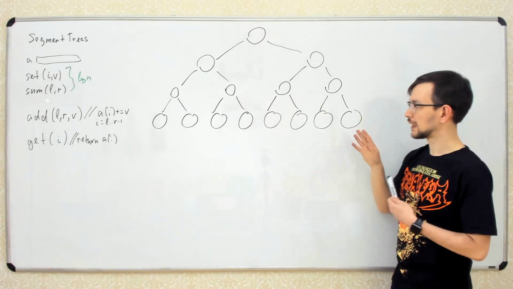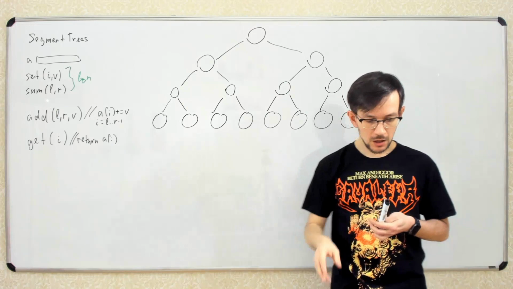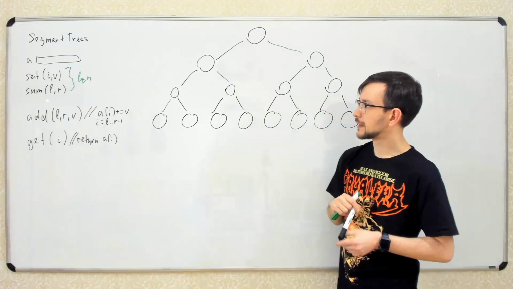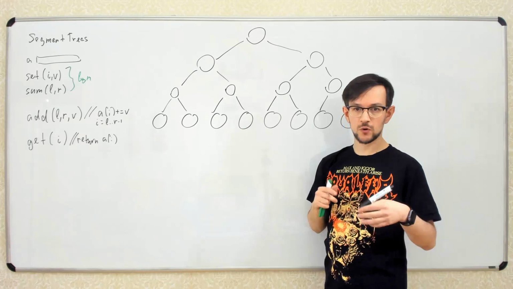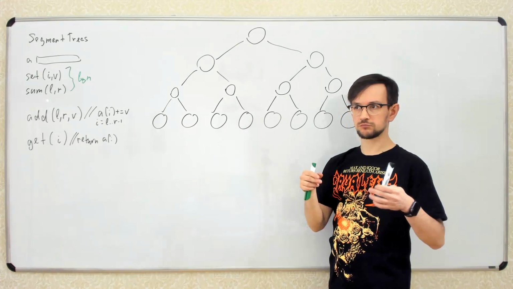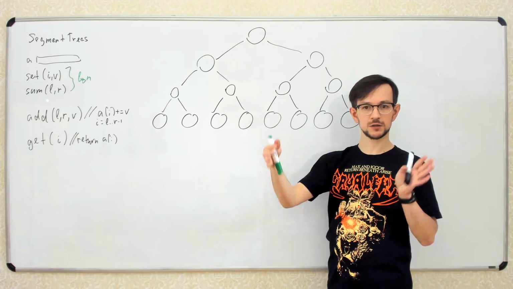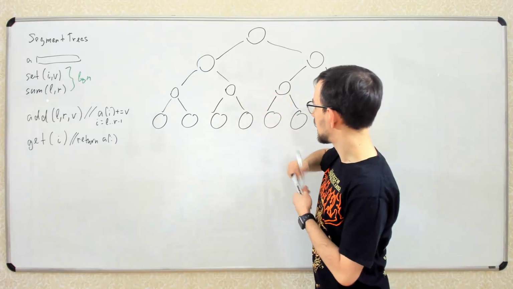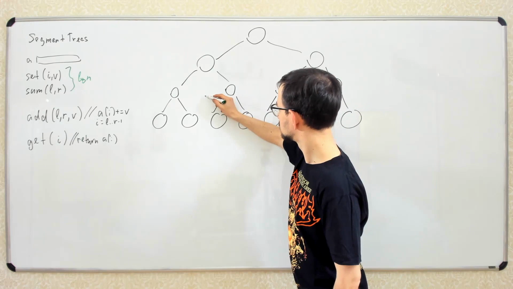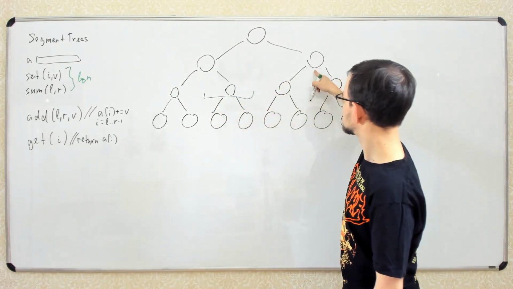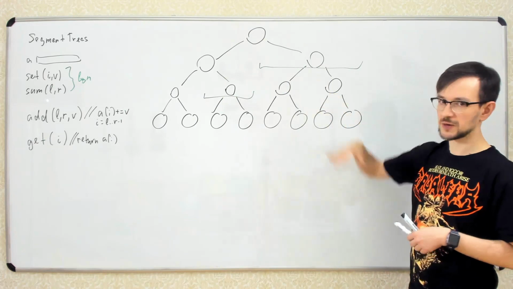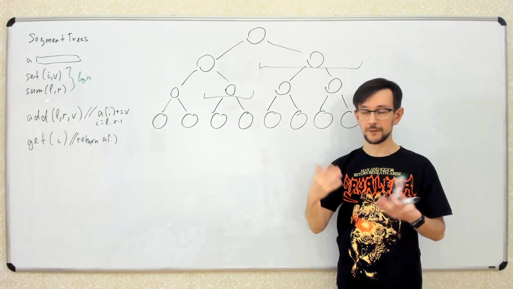So now, what will be the meaning of all these nodes? Like before, each node corresponds to some segment of the array. For example, this node corresponds to this segment, and this node corresponds to this segment, and so on. So each node of the segment tree corresponds to some segment of your array.